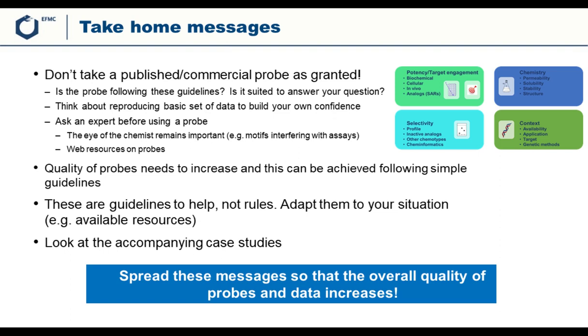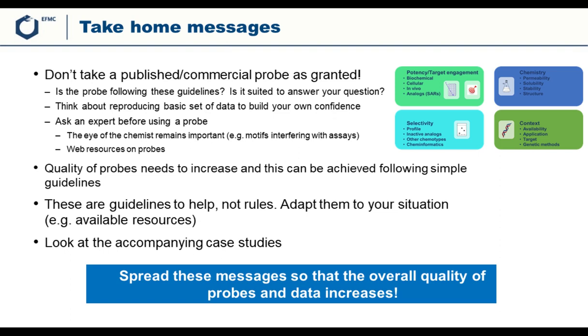And use the web resources we've shown on chemical probes. Overall, the quality of probes still needs to increase, and we believe this can be achieved following the simple guidelines we've talked about today. Again, as mentioned at the beginning, these are guidelines to help, not rules. It's perfectly understandable that not everybody can generate all the data that it would be needed to fulfill all the guidelines we've shown today.